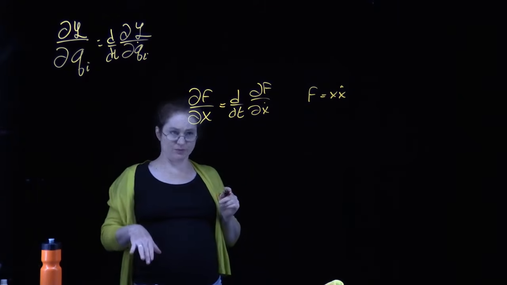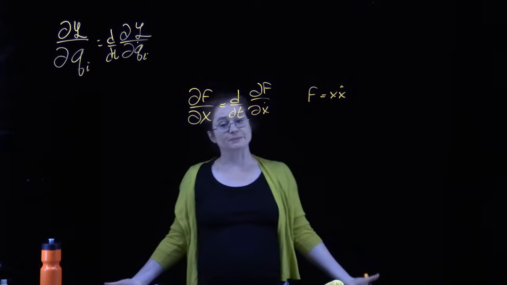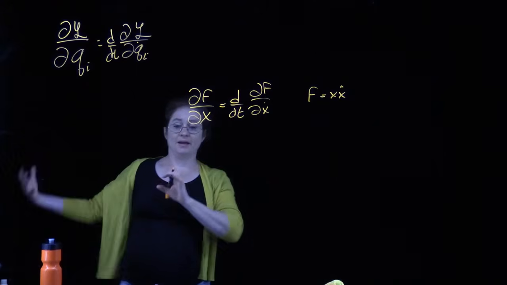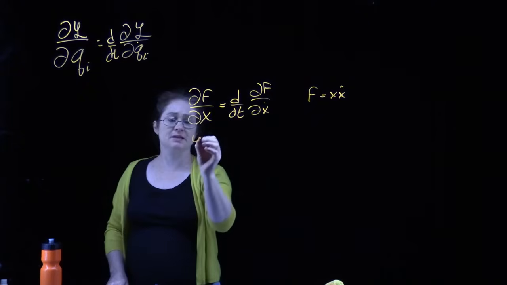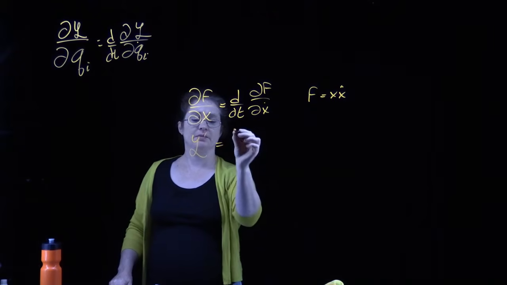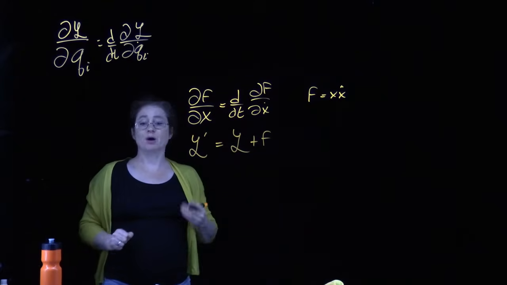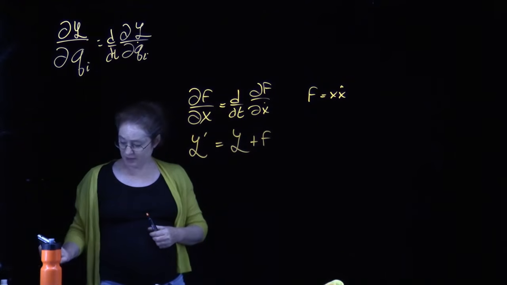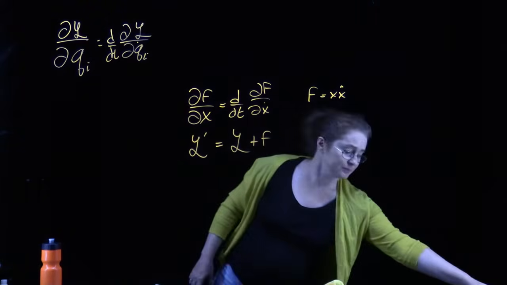So if we have a function like that, we can always add that term to our Lagrangian, and it will also be a solution. So we can say L prime is L plus F. L prime is also a perfectly valid Lagrangian for that system.